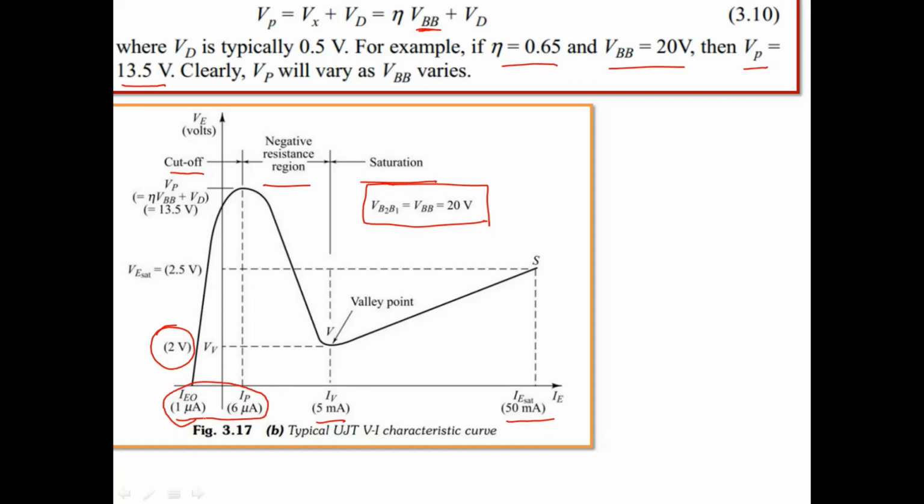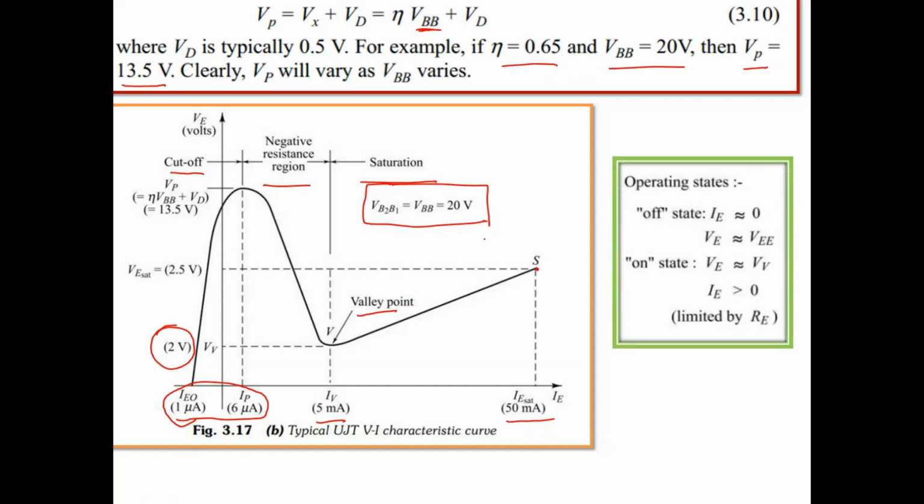Till the peak voltage you get the cutoff region, and after the peak voltage it enters the negative resistance region, where the current rises from 6 microampere to 5 milliampere and a deflection is seen. That deflection is called the valley point. After VV, that is 2 volts, the current may go up to 50 milliampere, a very large current seen in the saturation region.